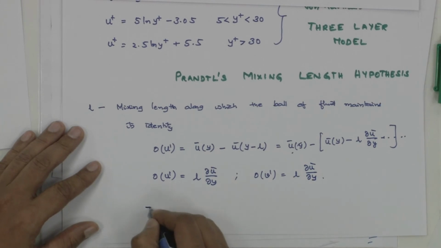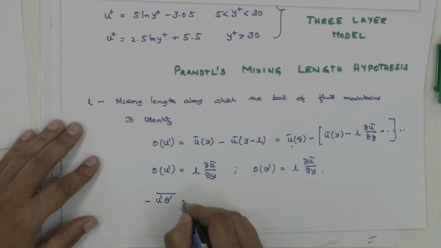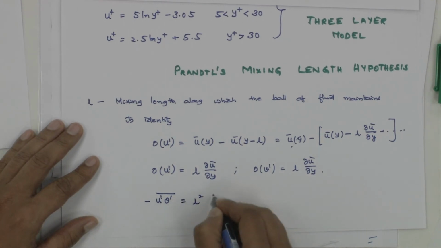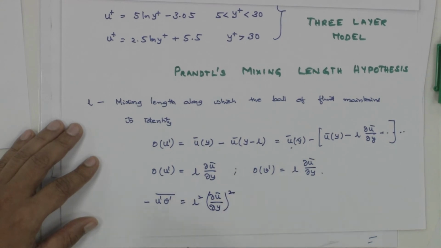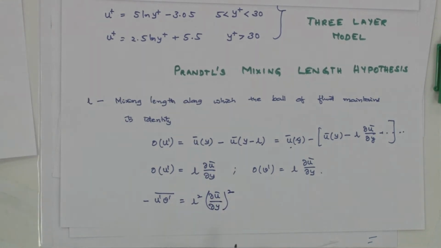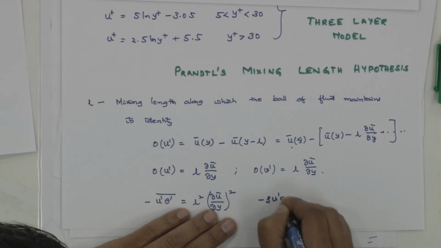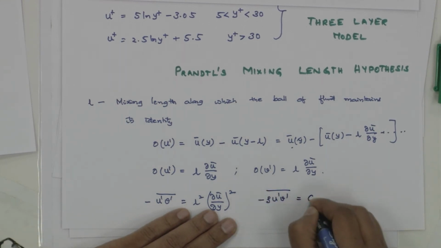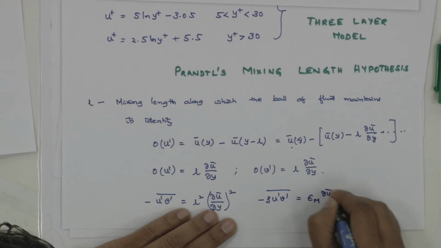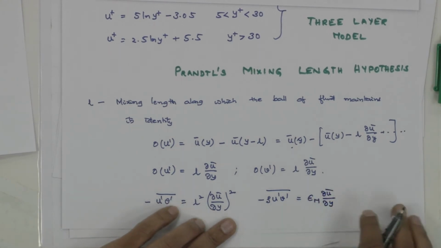So minus u prime v prime bar will have the order of L squared times del u bar by del y whole squared. Correct? So now if you recall epsilon m, what is epsilon m? Minus rho u prime v prime bar is equal to rho epsilon m del u bar by del y. This is what we had taken.